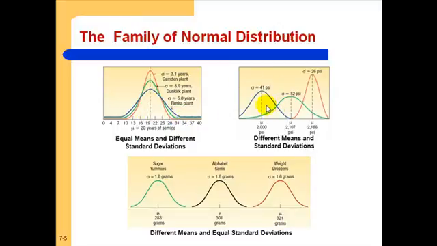For this one, different normal distributions have a different mean and also a different standard deviation, so they have different shapes. For this one, all these normal distributions look exactly like each other because they have the same standard deviation. The spread is the same. That's why they have the same shape, but they have different means. The mean of this one is greater than the mean of this one, and the mean of this one is greater than these two.